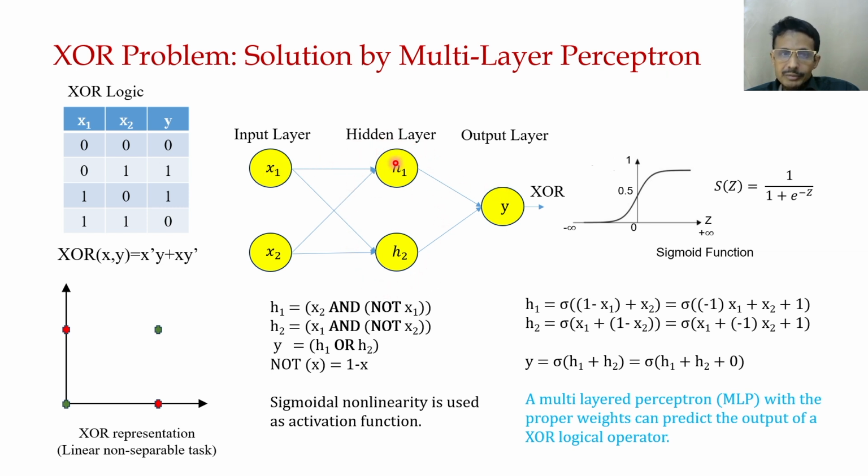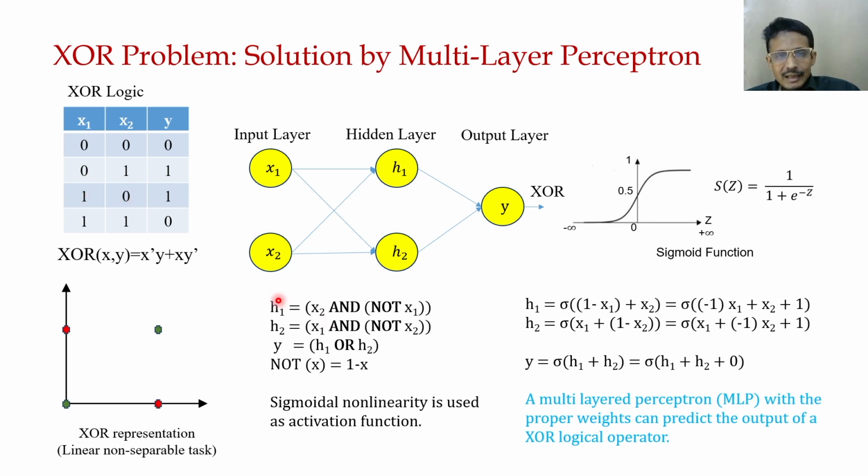The question is how the multi-layer perceptron, the perceptron which has an extra layer between input and output, solves this. H1, a neuron in the hidden layer, is defined by the logic: not x1 and x2, that means x2 and not x1. H2 is x1 and not x2.